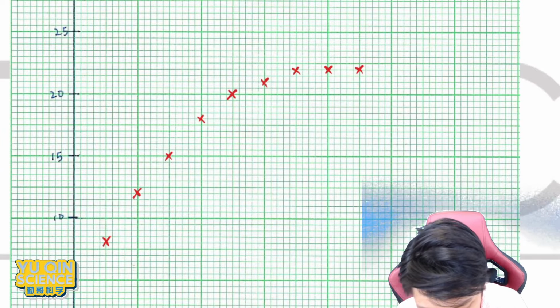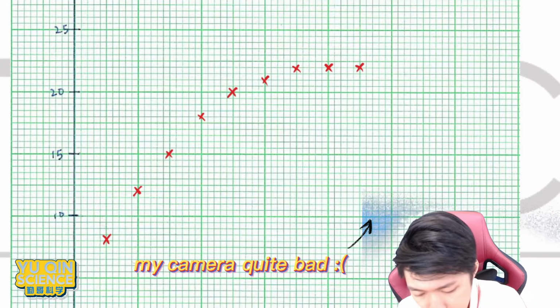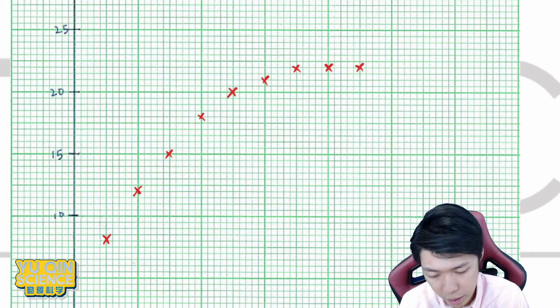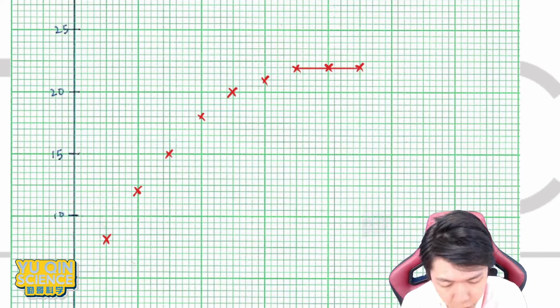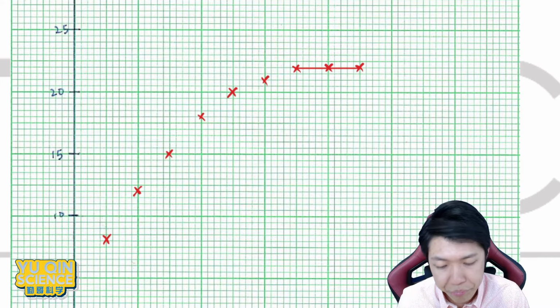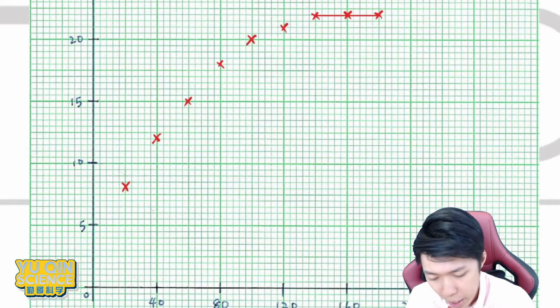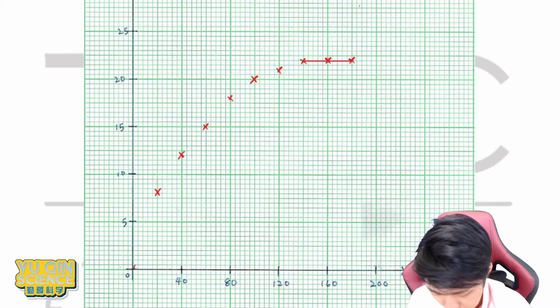So I already got the measurement here. I'm just going to draw one straight line first, since we already know it's a straight line. Then we will need to join. So as usual, you will need to draw a smooth graph.